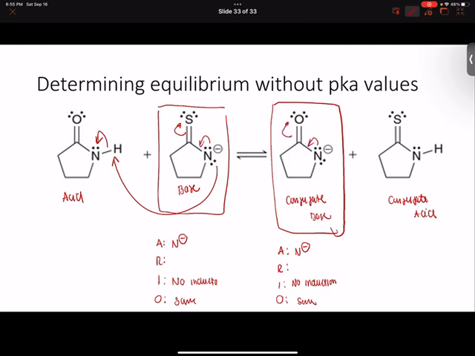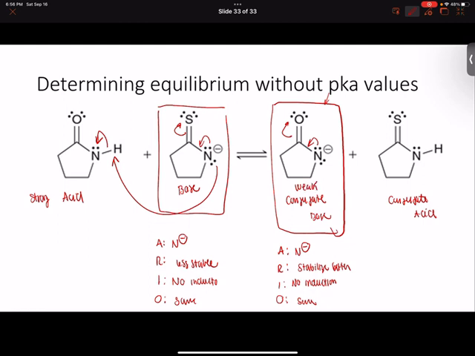The main difference is that oxygen is more electronegative, so that means that it's going to stabilize that negative charge way better than a sulfur. So this one, I would say, stabilizes better. So that's going to mean that this molecule down here is gonna be your strong acid, and this one's gonna be your weak base.